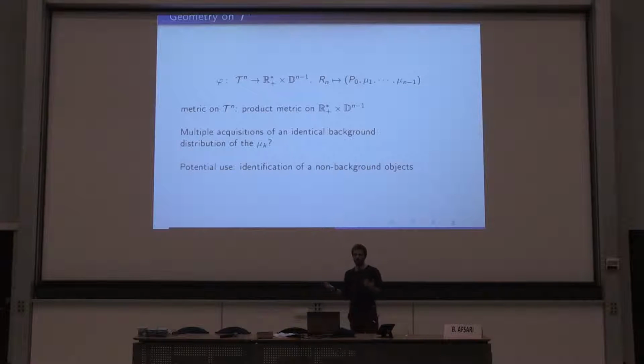So now let's assume that you have multiple acquisitions of the same background. You can be interested in the distribution of the reflection coefficients associated to this background. And then it can potentially be used for classification or identification of non-background objects.